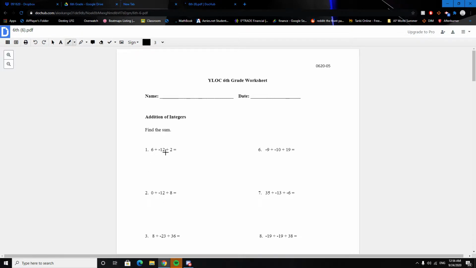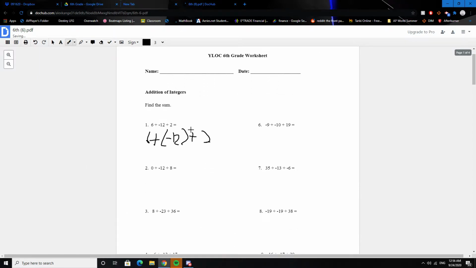So in this case, it would be 6 plus negative 12 plus 2, and this makes it a whole lot easier. You can visually see that this is a different number than this one. It's not a difference of signs. If you add everything up, it would be 8 plus negative 12.